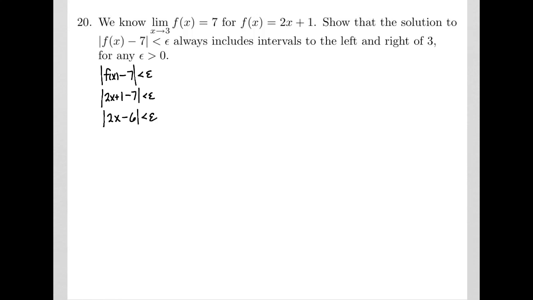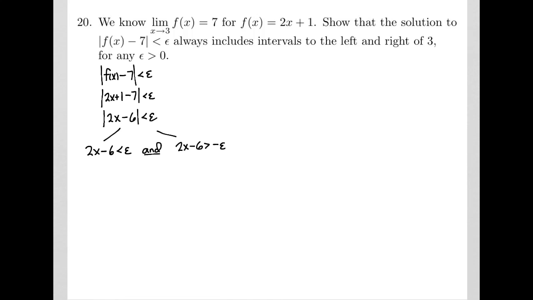Now when I'm solving an inequality with absolute values, it becomes two different inequalities without absolute value. So it becomes the inequality 2x minus 6 is less than epsilon, and that's the key conjunction I need, 2x minus 6 is greater than negative epsilon.